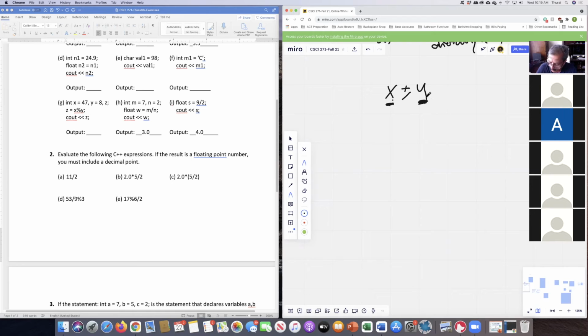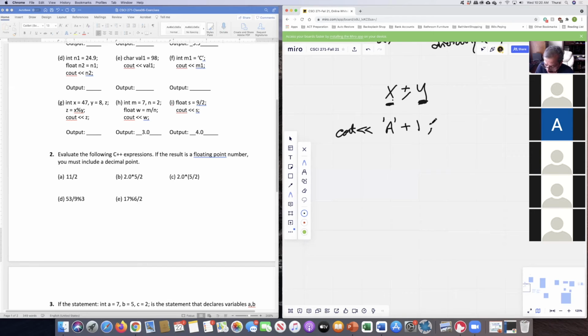So maybe I should write this: cout, 'A' in quotes plus 1. Think about this example. This is valid. I can add a 1 to the character A. Guess what will print? 65 plus 1.